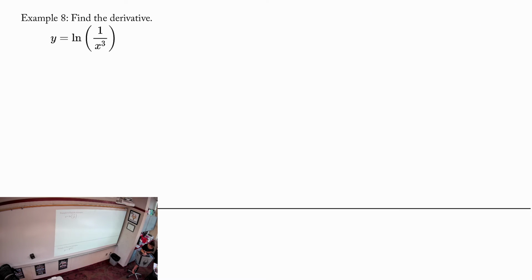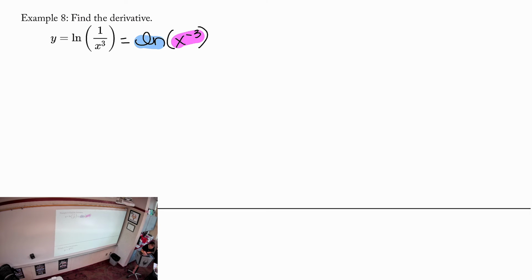Again, nobody would ever want to do quotient rules, so I would change this to x to the negative third power, unless you really want to. Which we don't. So outside function is ln. Inside function is x to the negative third. Wait, would there be a third function if there were a squared outside of that?